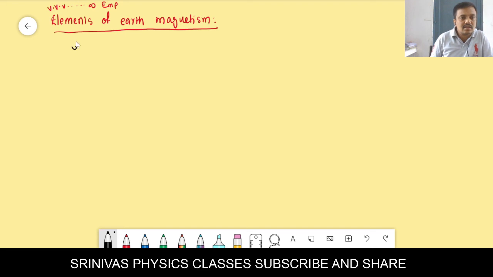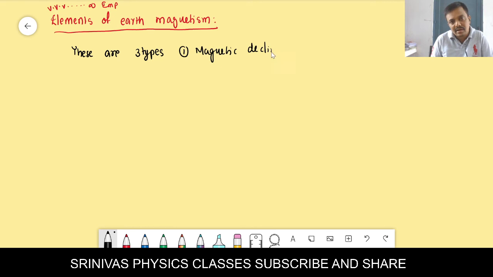These are useful to explain the Earth magnetic field. These are three types. Okay, elements of Earth magnetic field are of three types. The first one is the angle of magnetic declination.